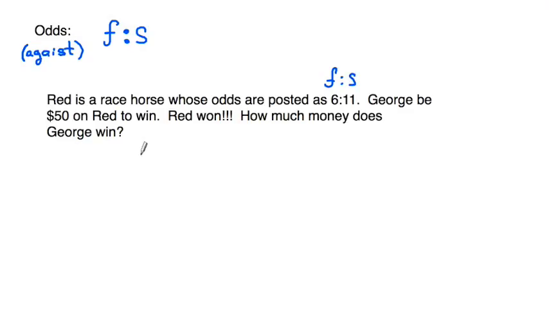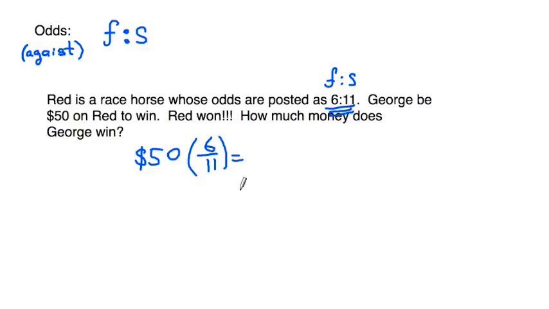And all you have to do is take how much he bet and multiply, and you change this into a fraction. Now, this is a ratio, and ratios generally are not written as fractions, but to find out how much you win, you change it into a fraction so you can calculate it. So this becomes 50 times 6 divided by 11.